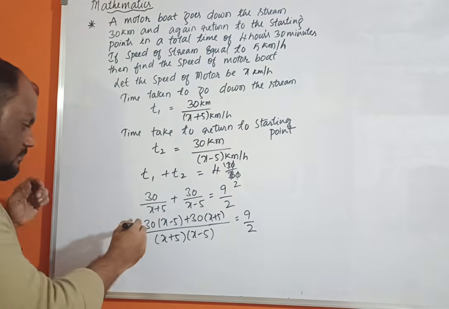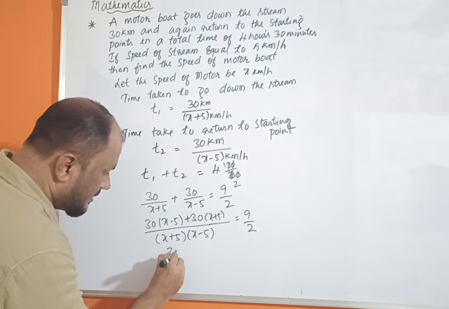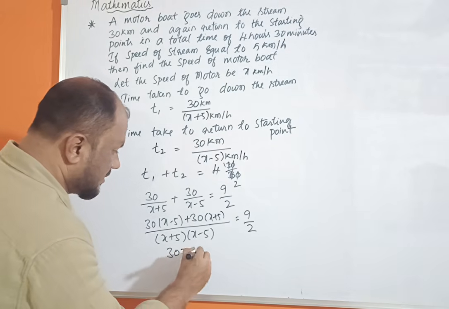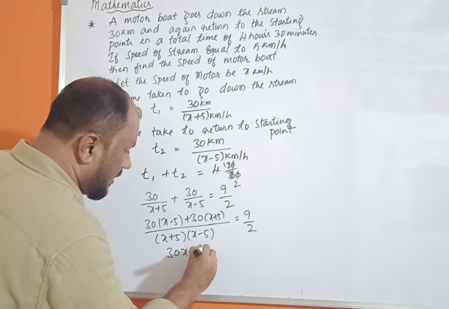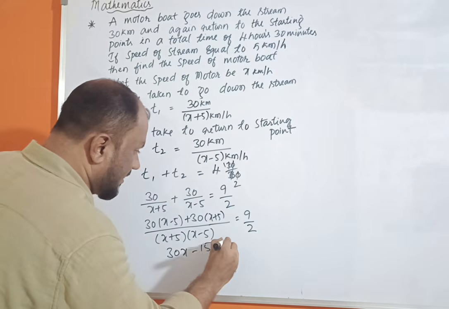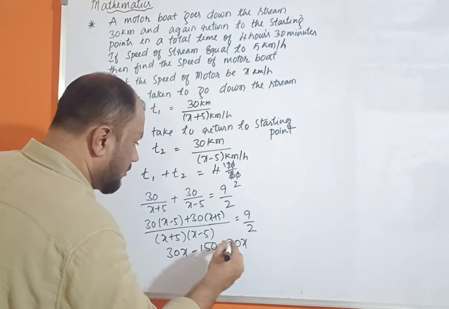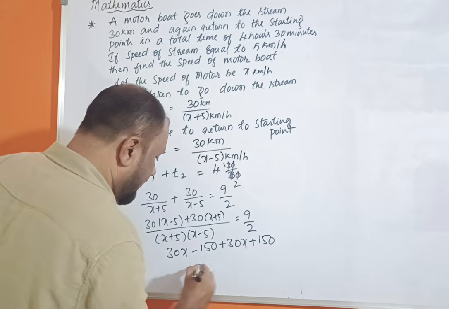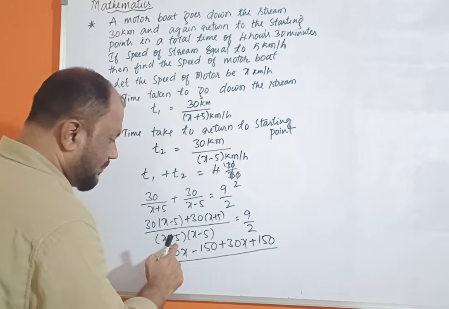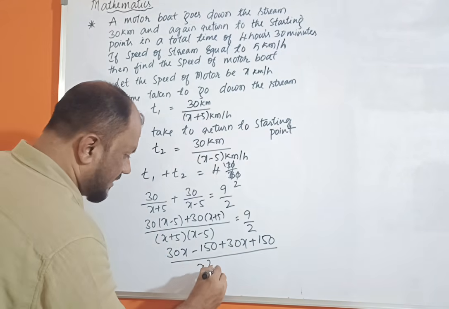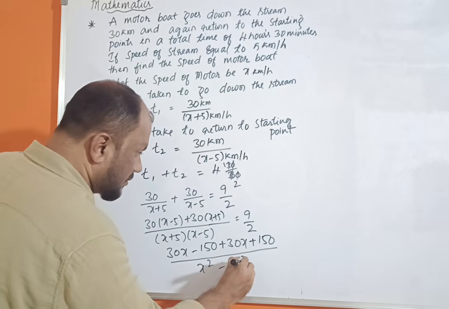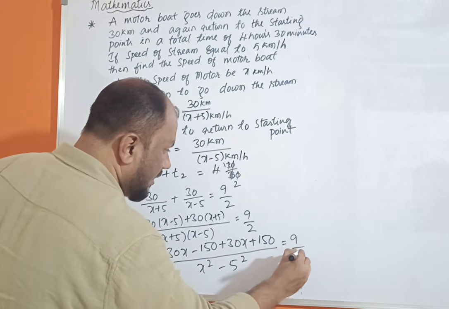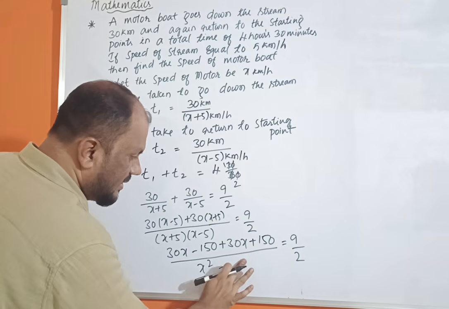Okay. Now 30 into x, 30x, minus 30 into 5 is 150, plus 30 into x, 30x, plus 150. The denominator is a plus b into a minus b, a square minus b square, x square minus 5 square, is equal to 9 by 2. 5 square I will write directly 25.